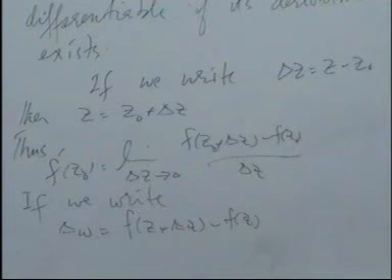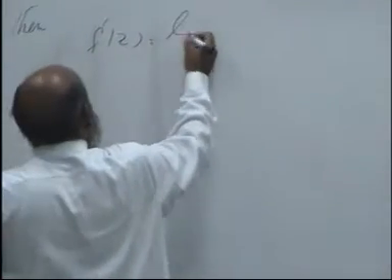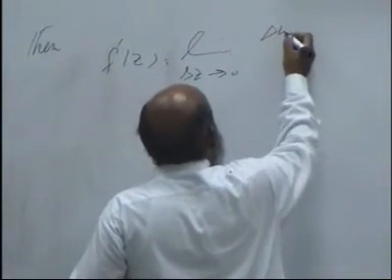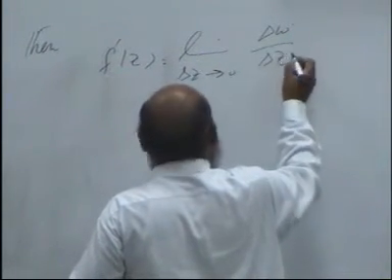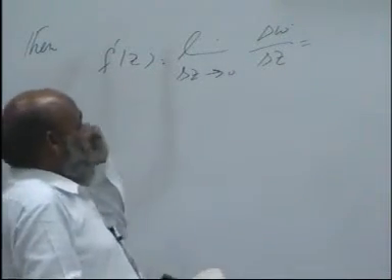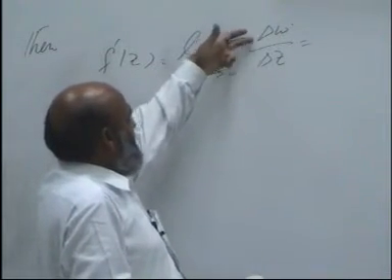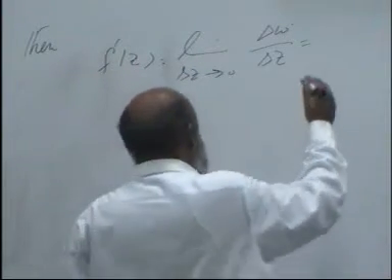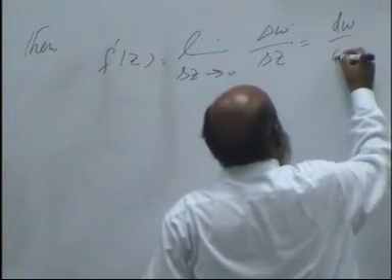Then f prime z is equal to the limit as delta z tends to 0 of the change in w over the change in z, the ratio of two changes together with this limit, which is dw by dz.